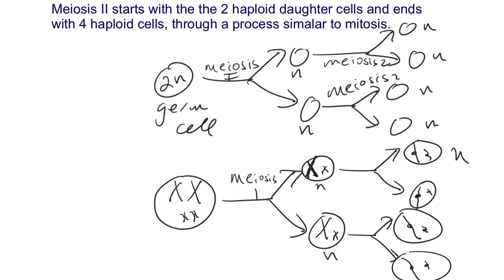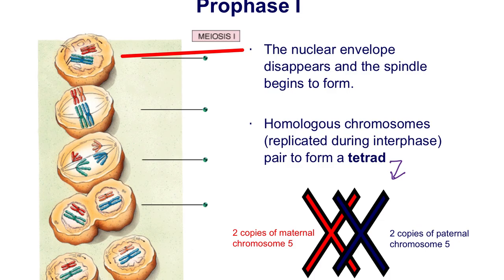And there's no homologous pairs there, so those are all haploid as well. Going back to the products of meiosis 1, there's no homologous pairs. You can see a pair, but they're not homologous. They're different chromosomes. So let's talk about meiosis 1.